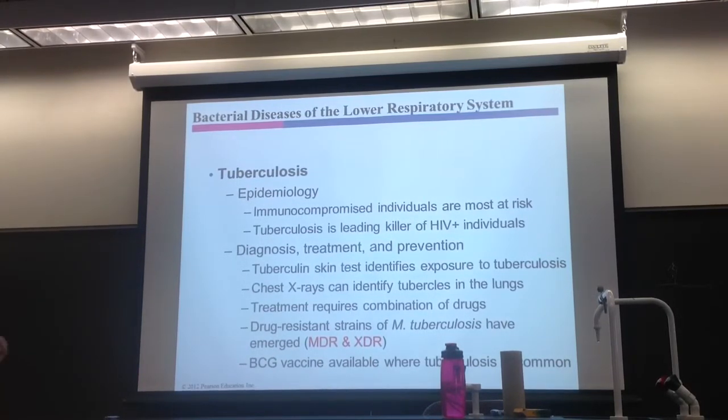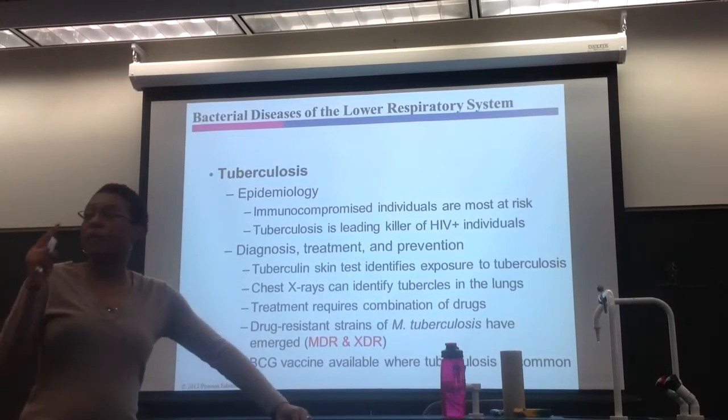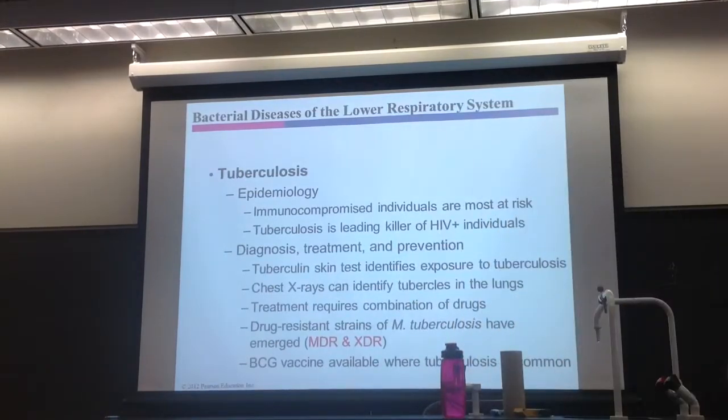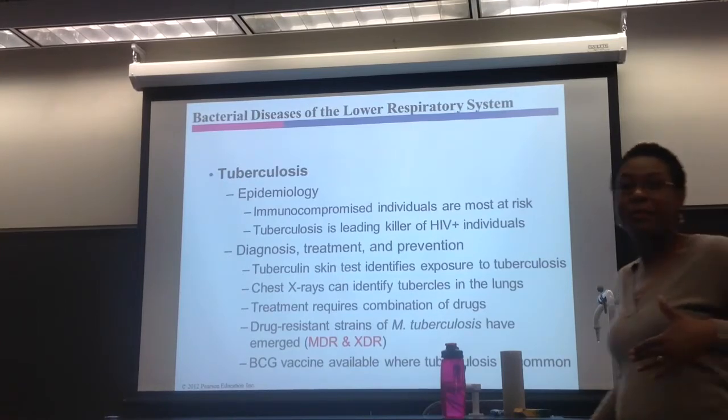And you use at least 5 drugs to kill it. 2 of the 5 it's resistant to. That's already kind of bad. Now XDR is extensively drug-resistant TB. It is resistant to 3 or more of your drugs, which is horrible.